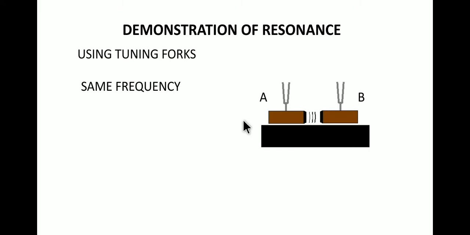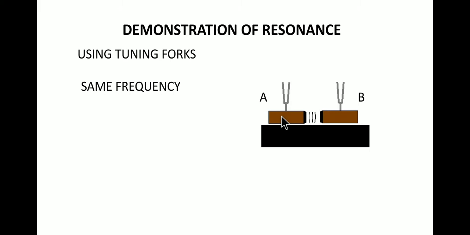So when tuning fork A is struck by a piece of wood, it starts vibrating and sends the forced vibration to the sound box, and thus the air particles inside start vibrating.